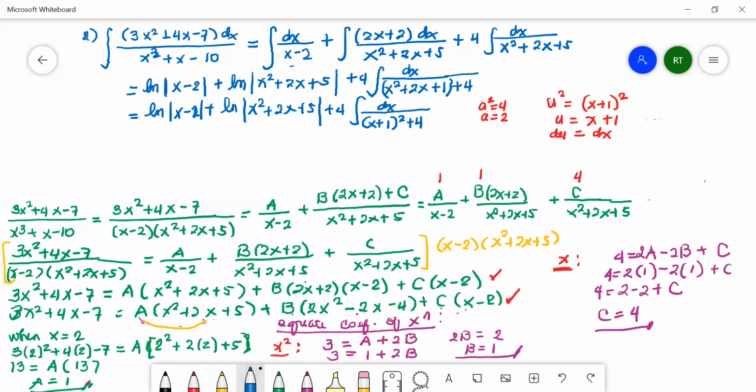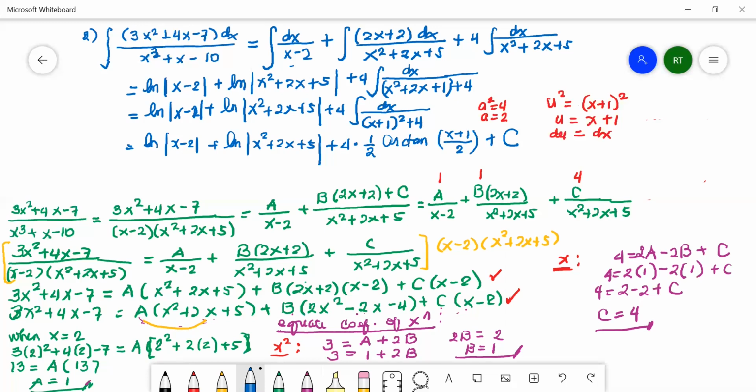Therefore, we have a natural logarithm of the absolute value of x minus 2 plus the natural logarithm of the absolute value of x squared plus 2x plus 5, okay, then plus 4 times, okay, a is 2, so we will have 1 over a, or 1 half, arctangent of u over a. U is x plus 1 over a is equal to 2, plus the constant of integration.